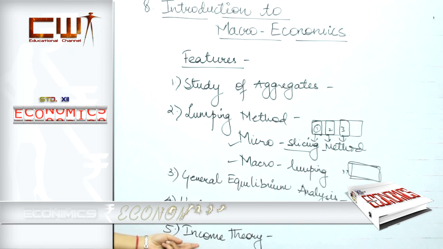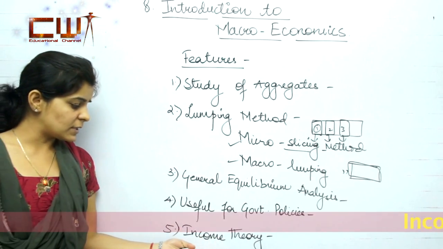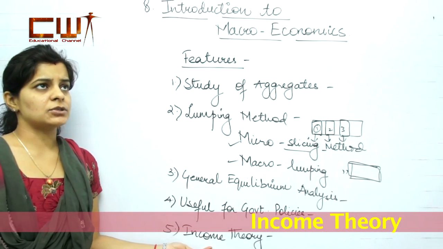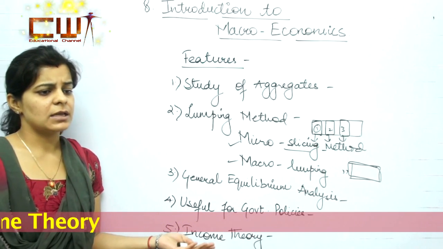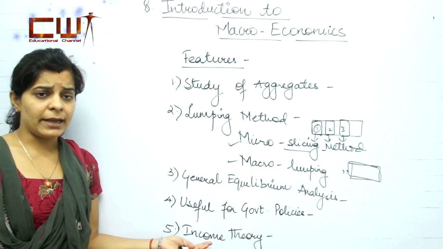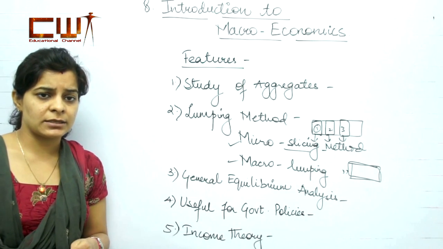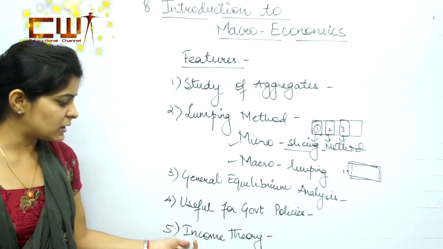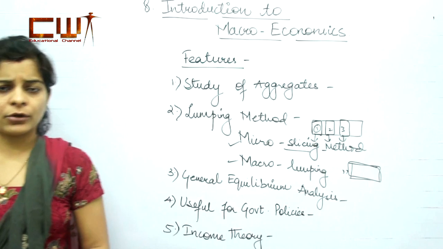You will study how to calculate the national income of the economy, what factors affect it, when national income increases, when it decreases, why it increases, why it decreases, which factors are excluded, and why others are included. That is all under the study of income theory, which is a part of macroeconomics.